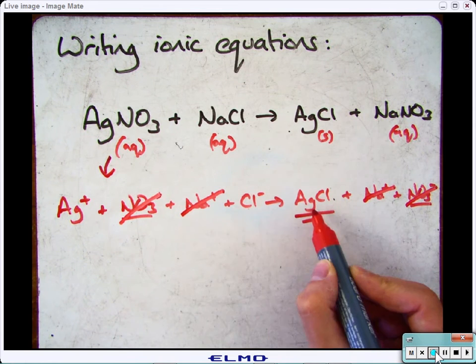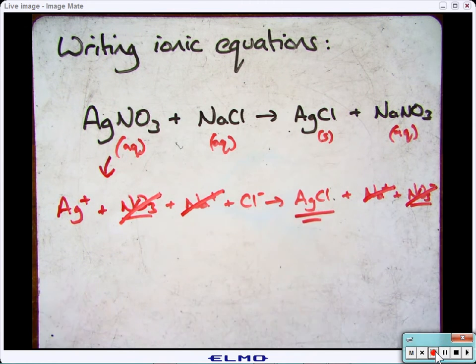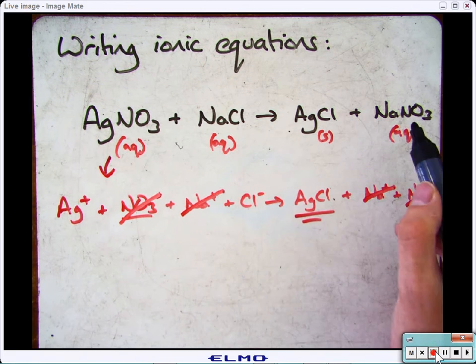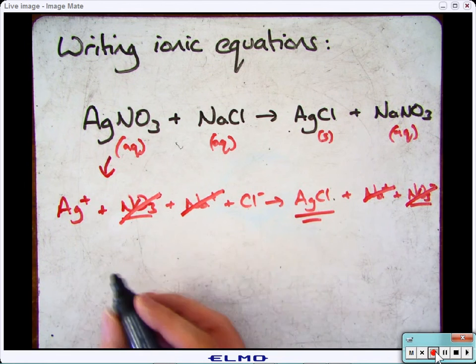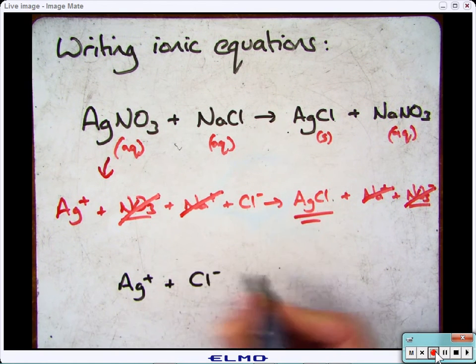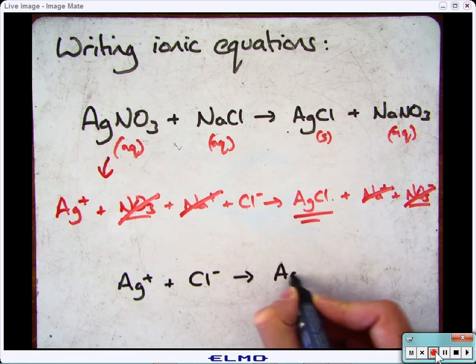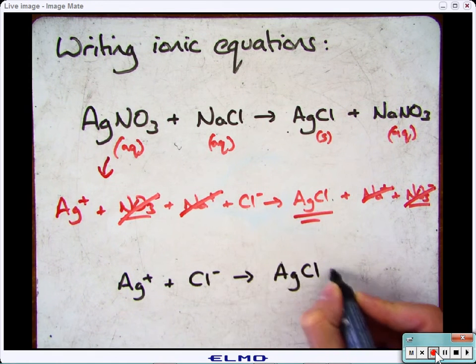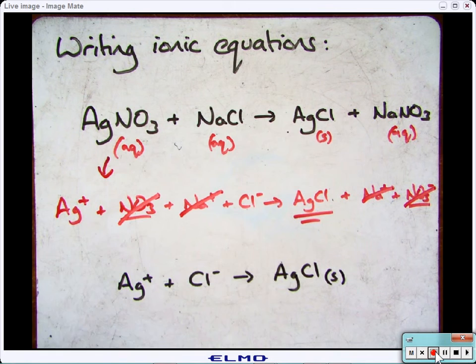And then the chlorine has gone to AgCl. So if we wanted to write an ionic equation for this reaction here, of silver nitrate plus sodium chloride, it would be Ag plus Cl minus goes to AgCl. And that's what an ionic equation is. I'll just give you another example in a second.